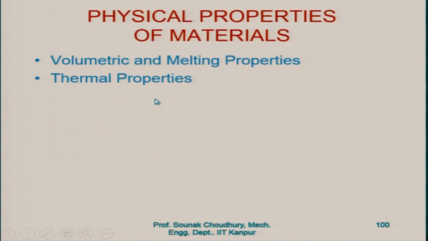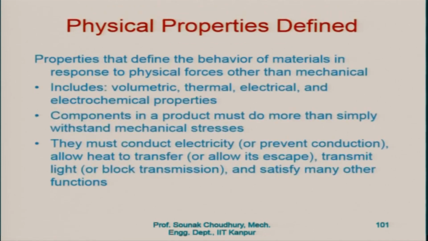Physical properties of the material, continuing: the volumetric and melting properties, and the thermal properties. These are the two categories of physical properties of materials. Physical properties define the behavior of materials in response to physical forces other than the mechanical. This includes the volumetric, thermal, electrical and electrochemical properties.